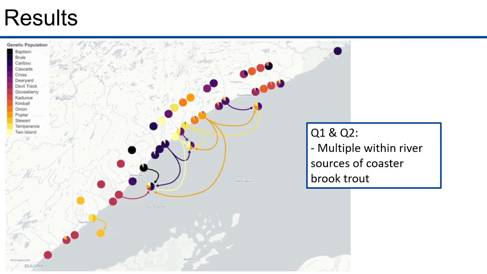So, for example, if we look at this orange population here, this is the Poplar River, we see that fish that were assigned genetically to the Poplar River actually were sampled in 3 of our 4 coaster sampling locations. So fish are moving a lot across the lake, and we're seeing that there are multiple sources of coaster brook trout along the Minnesota shoreline.